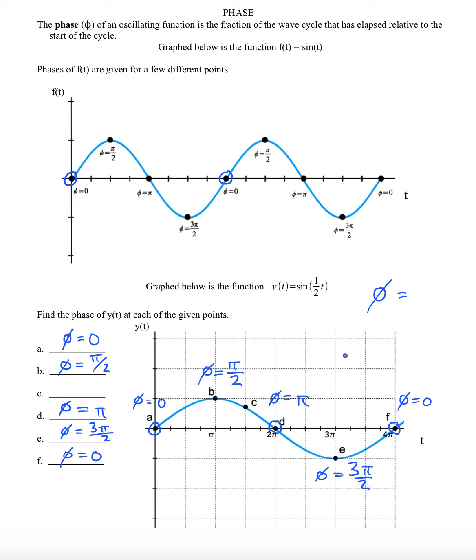And at C, we've completed 3 of them. So we've completed 3/8 of a cycle, but we need an angle in radians. So we want to multiply by 2 pi. So it looks like we actually have 3 pi over 4 at C.